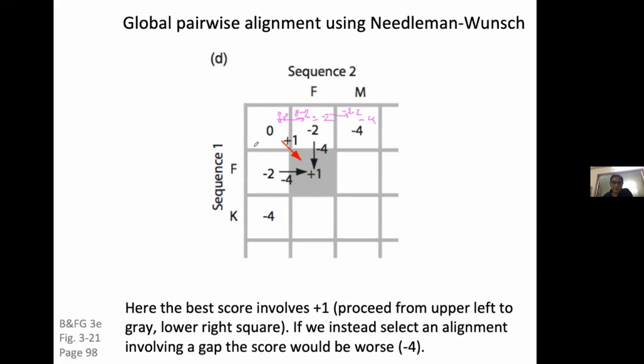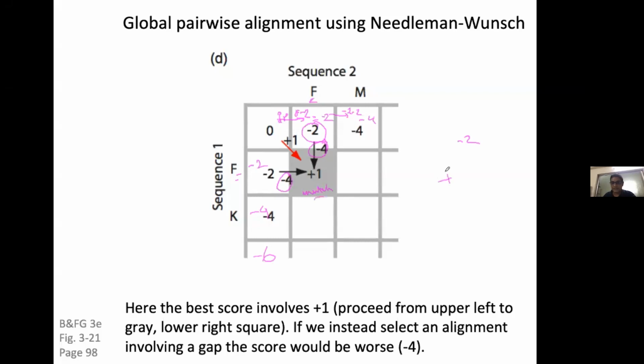In the same way, you fill up the rows as well: minus 2, minus 4, minus 6, something like that. Now the value here is minus 2. You always add the gap penalty here, and the gap penalty was minus 2, so minus 4 coming from here. And here you have an F, so there is a match.